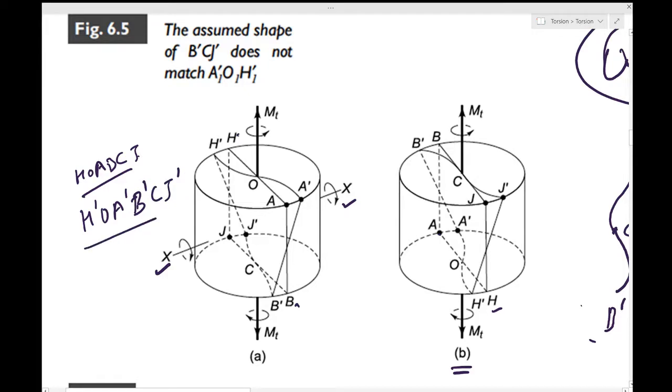You want to rotate this, so H dash should come over here. Okay, it's a 180 degree rotation. So this point will come over here, and similarly A dash would come on the other side over here. Okay, and that's how you can do.